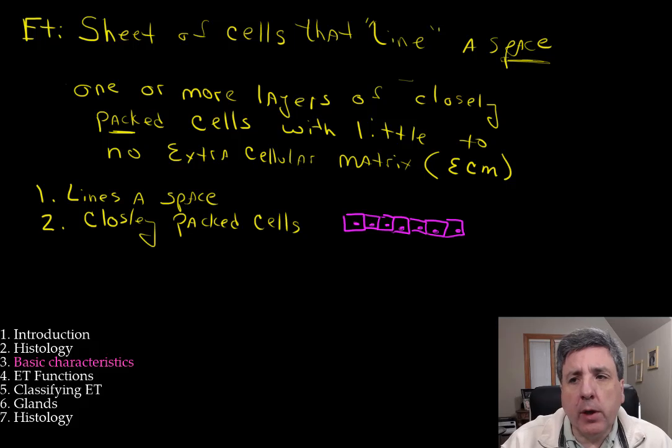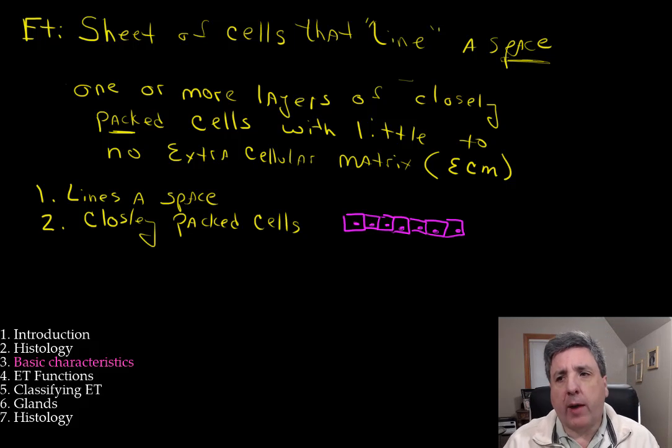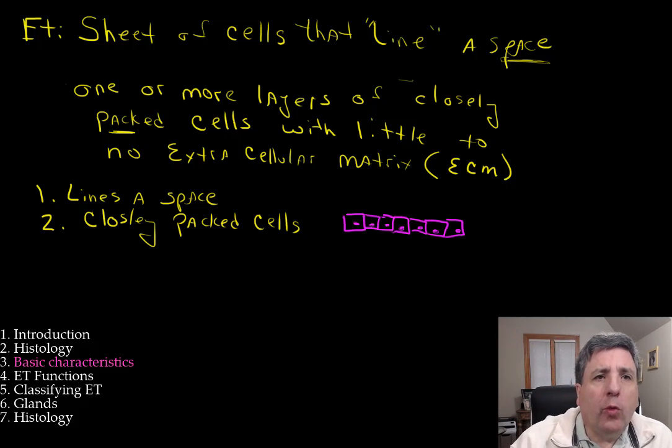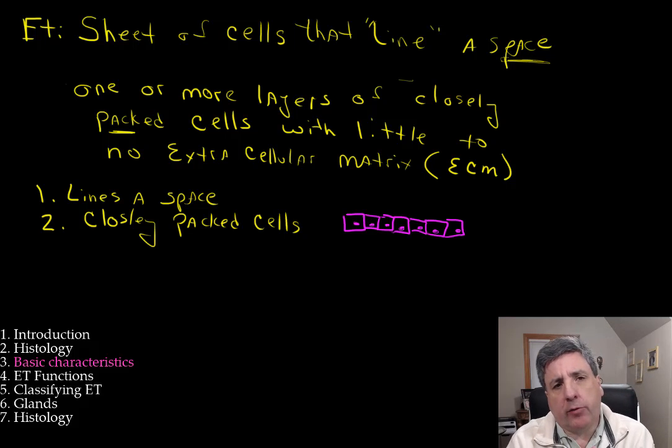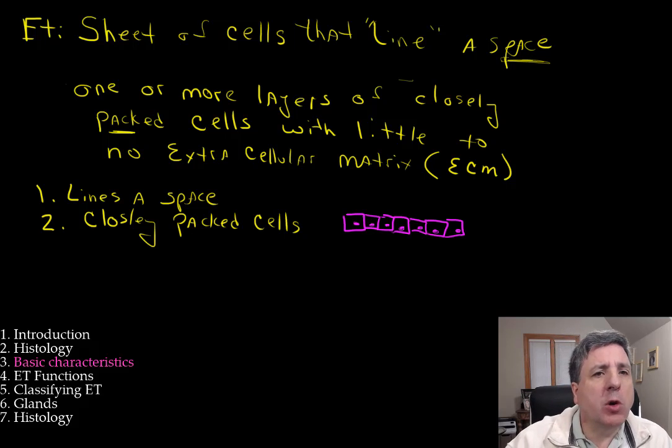Now, epithelial tissue is also, you can say, polarized. So we have different surfaces on this. When we say that there are tissues or cells that line a space or cover organs, we need to have something that is open to a free surface. Let me change the color here.